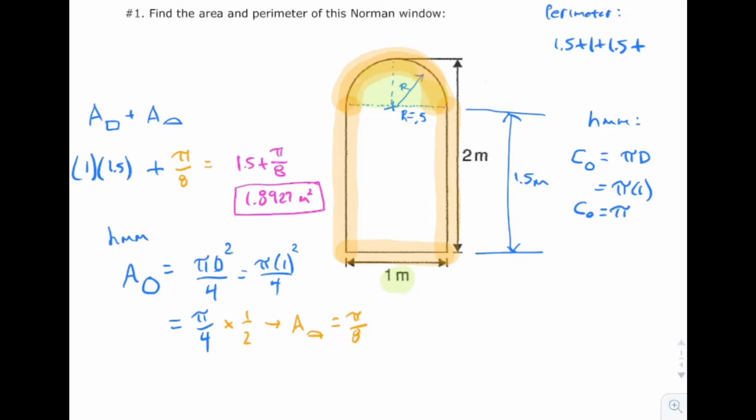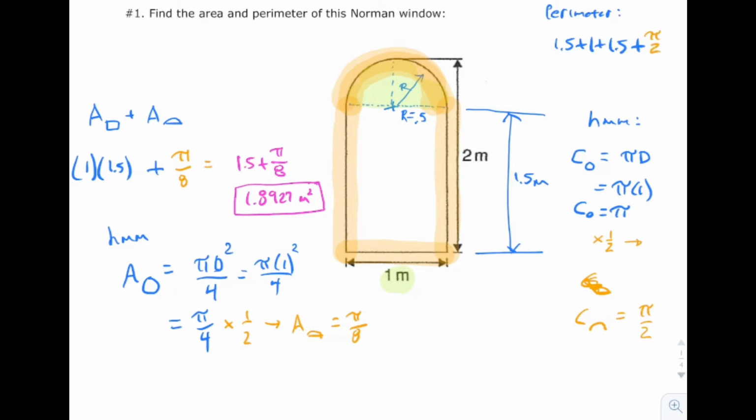But we have half of a circle, which means that the circumference, I shouldn't really say it that way. I should say it this way. The upper part of the circle would be pi over 2. Half times pi is pi over 2. So coming back up here to finish our perimeter, we got 1.5 plus 1 plus 1.5 plus pi over 2.